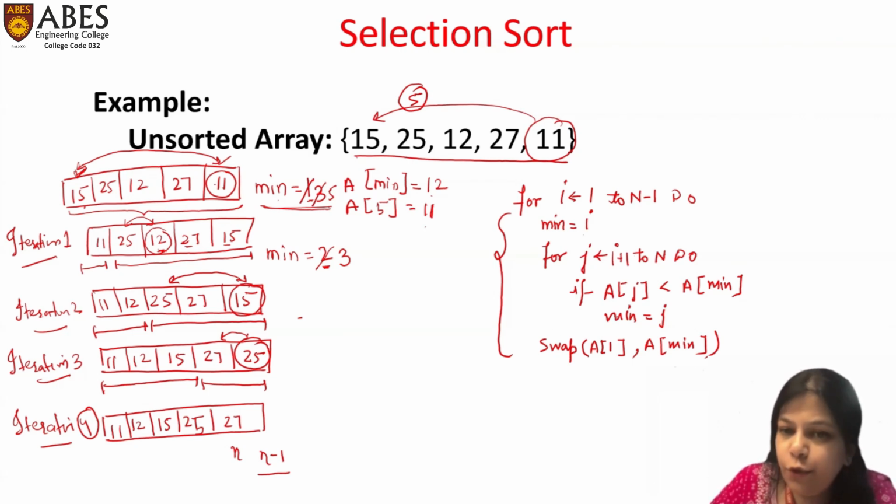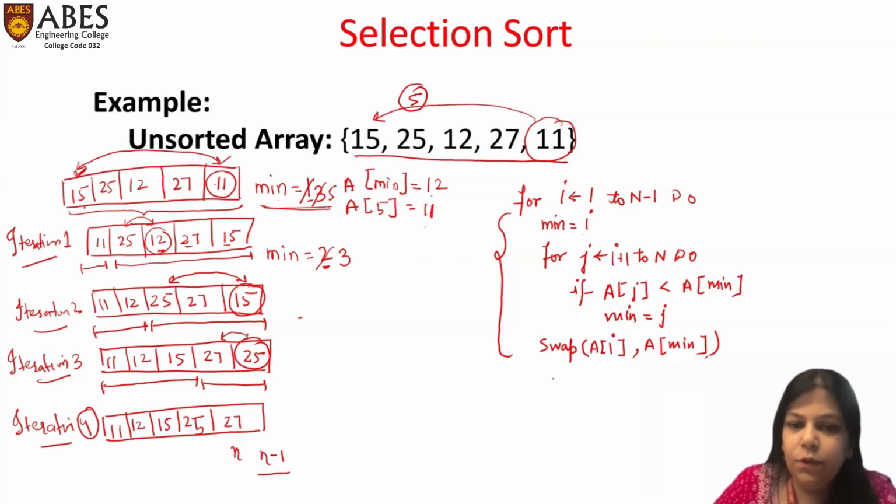And the rest of the code will be the same. Only there is one difference: the swapping will be done with the first element of every unsorted part. So the unsorted part in every iteration is starting from i, right? So what we have to do is swap A of i with A of minimum.